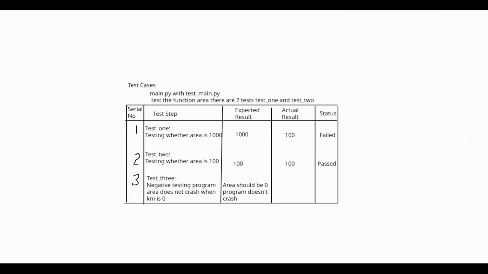What we got is, this is an area, and test main should look for a third test. Test 3. Are you seeing my screen? I believe, yeah. Area of 0.